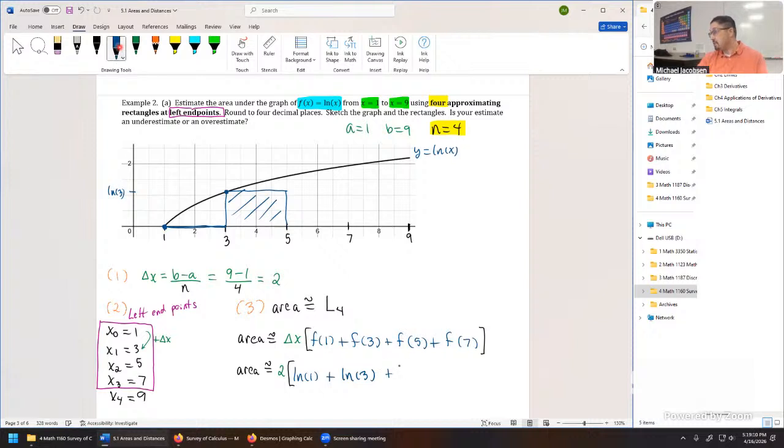Plus, f of 5 just means natural log 5. This endpoint at 5 determines the height. At 5, we go up, stop at this height, which is now at natural log 5. That height determines the height of the rectangle from 5 to 7.